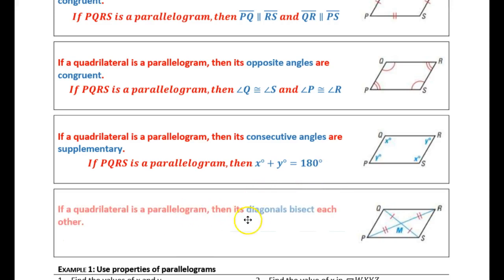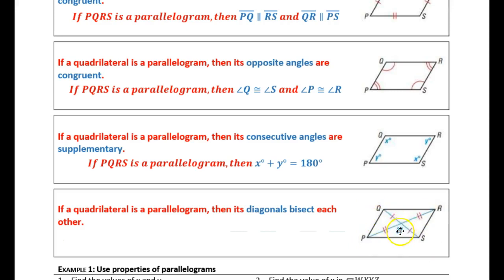Last, if a quadrilateral is a parallelogram, then its diagonals bisect each other. A diagonal goes from one vertex to another, skipping one. So I go P, skip Q, go to R. There's a diagonal, and then QS is my other diagonal.